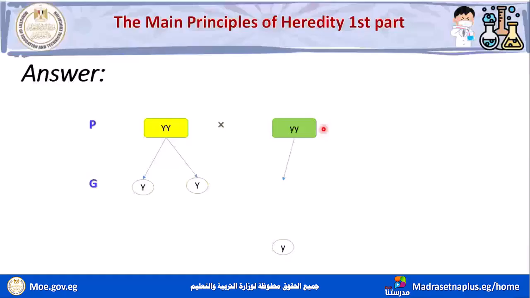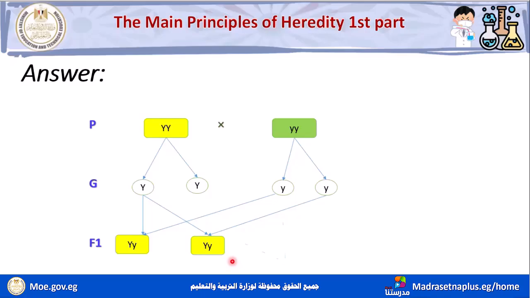First generation: Y capital, Y small. If this pollen grain and this ovule fertilization produce Y capital, Y small, Y capital, Y small, Y capital, Y small, and Y small, Y small.